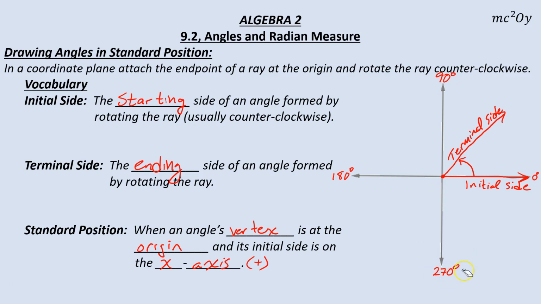And then if you kept rotating from there, you'd end up at 360, which actually happens to be at 0 again, right? And you could keep going. Another rotation would bring you to the 90-degree angle again, but it's actually 360 plus 90, or 450, and then 540, and then 630, and then 720, and you just keep going around and around in circles. Okay?